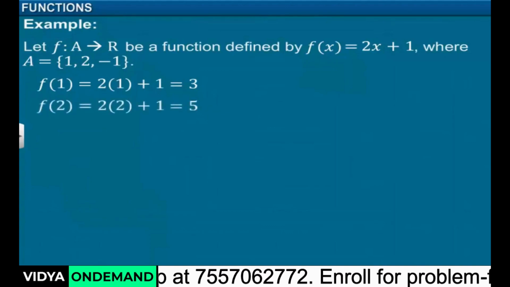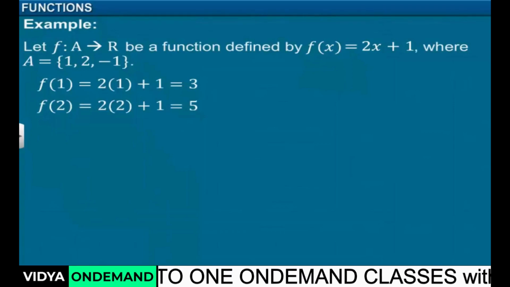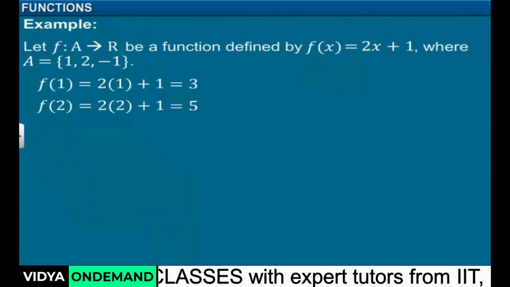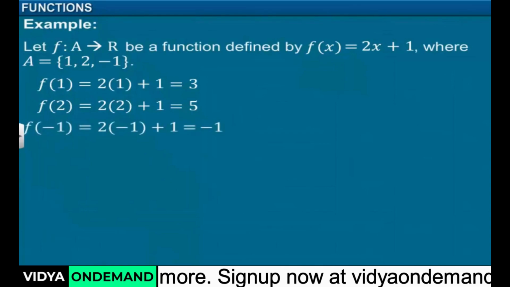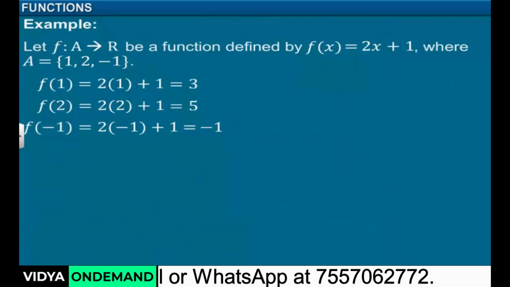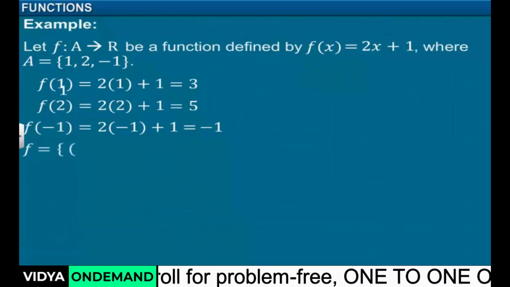F of minus 1 is equal to 2 into minus 1 plus 1. This is equal to minus 1. This implies that the ordered pairs 1, 3, 2, 5 and minus 1, minus 1 are the elements of F.